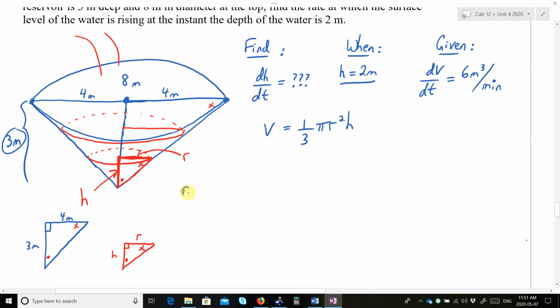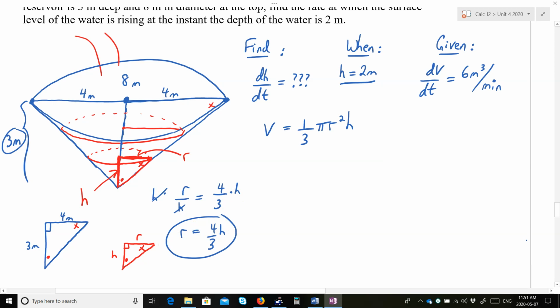if I were to do radius divided by h in the little triangle, that will equal radius divided by h in the big triangle. And what we can now do is multiply both sides by h, and we get an expression for r in terms of h.